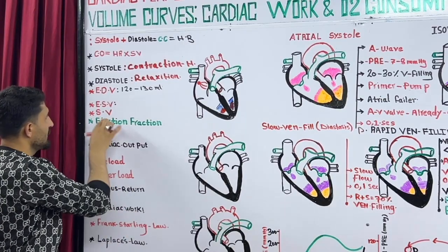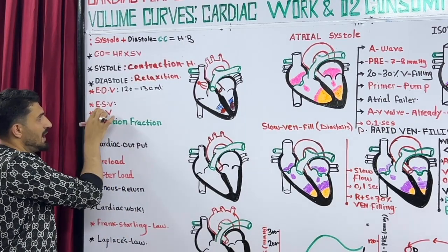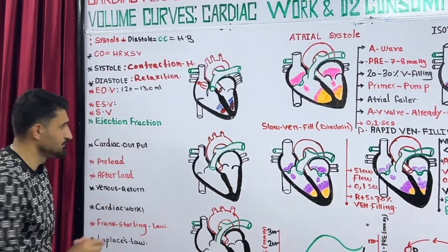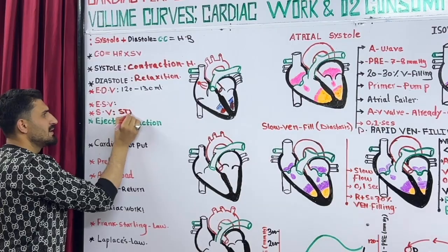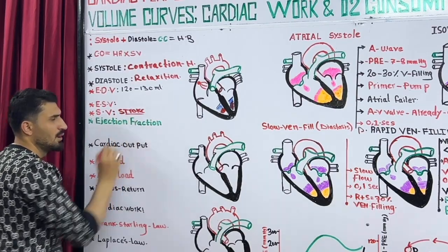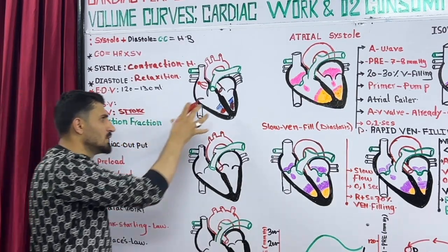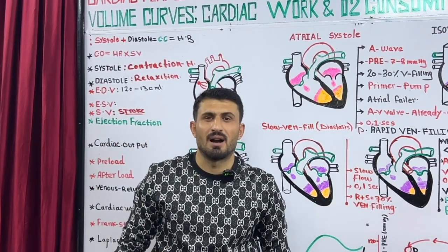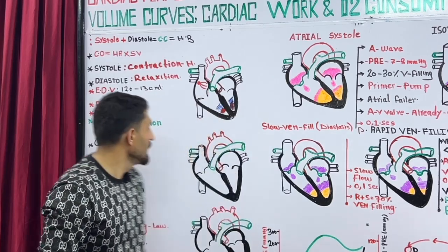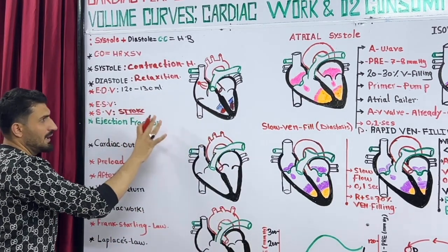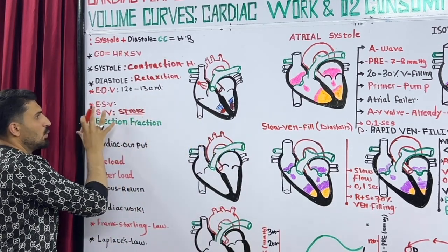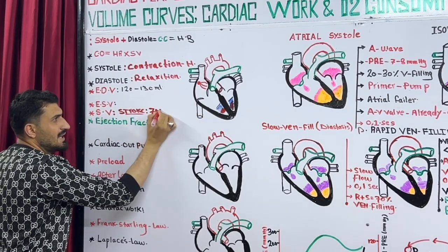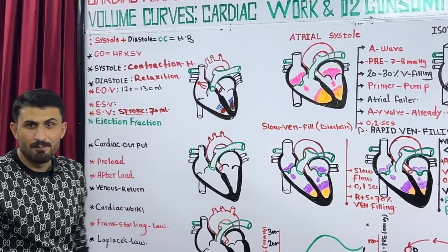Got it? Now first of all, let me explain stroke volume, then I'll tell you how we can measure end systolic volume. About stroke volume, stroke means beat, one beat. So the amount of blood which is ejected by the heart in one beat is called stroke volume. For example, during a normal situation, the heart ejects around 70 mLs of blood in one beat.